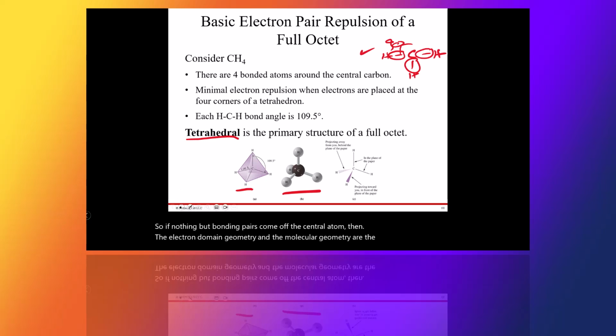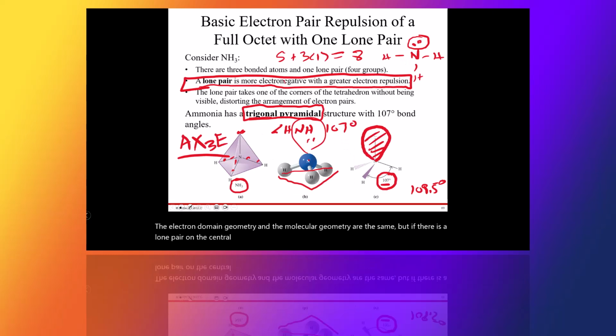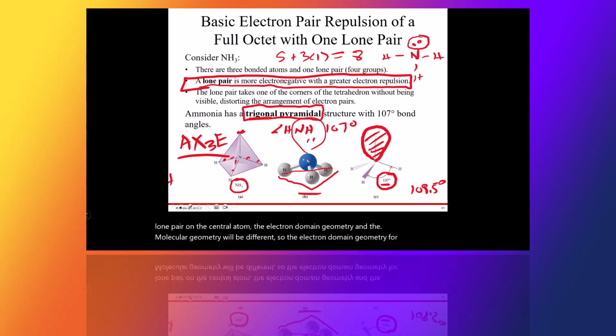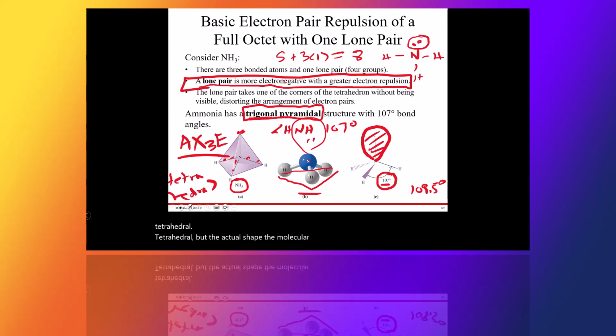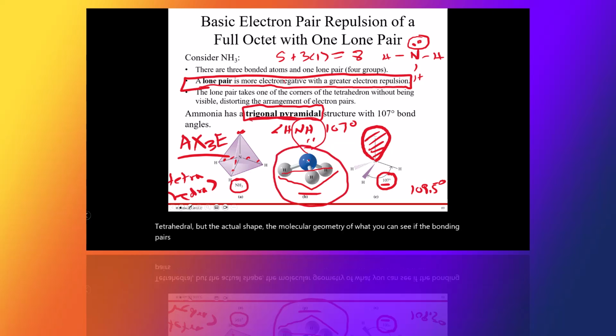But if there is a lone pair on the central atom, they will be different. So the electron domain geometry for ammonia is tetrahedral, but the actual shape, the molecular geometry of what you can see with the bonding pairs only, is trigonal pyramidal.